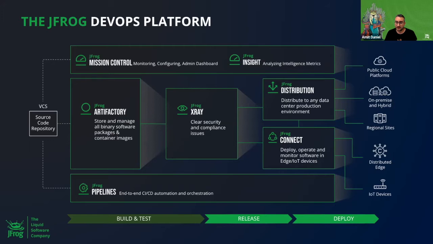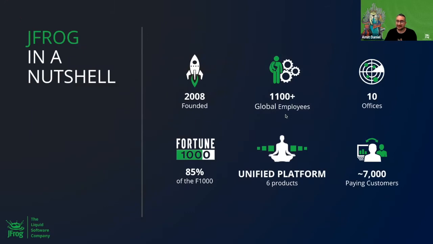And today we will spend some time talking about Artifactory in particular. And lastly, a little bit about our organization. We serve some of the largest companies in the world across nearly every vertical, and there are over 1,000 frogs globally with offices across North America, Europe, and Asia.